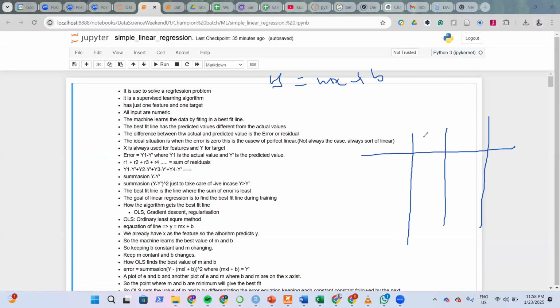Here is my GPA and here is my salary. Let's say GPA is 2, 3 and 4, and you have 20,000, 30,000, and 40,000.